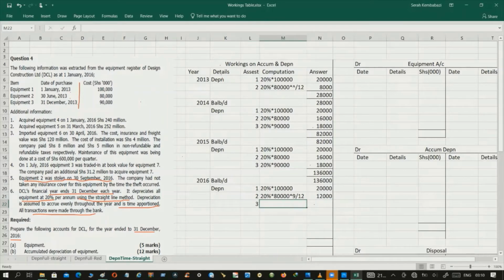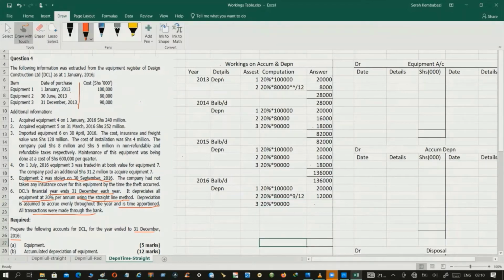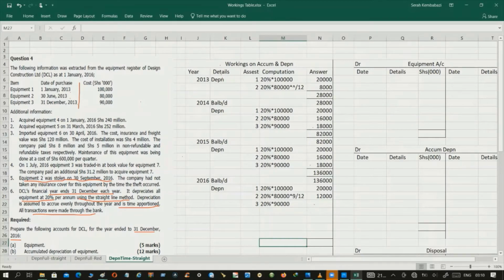12,000. And also for equipment 3, we'll get the 20% of the 90,000, but do not forget that in additional information point number 4, we are told that equipment 3 was traded at book value for equipment 7. So what does that imply?